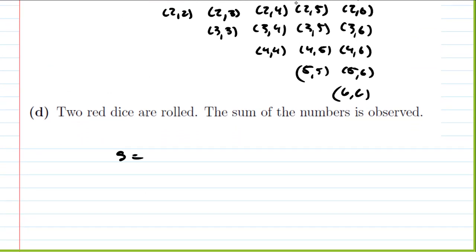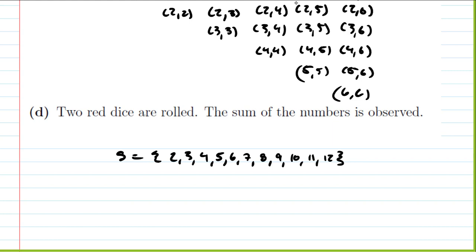So our set would be the numbers 2, 3, 4, 5, 6, 7, 8, 9, 10, 11, and 12, right? So that would be the sample space for that experiment. So notice, depending upon what outcome we are observing, rolling 2 dice can have very different sample spaces, right?